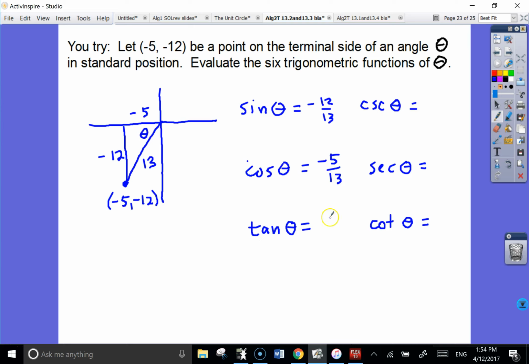Tangent, positive 12/5, because a negative divided by a negative is a positive. And then you flip them all. Negative 13/12. Negative 13/5. 5/12. I think, right?